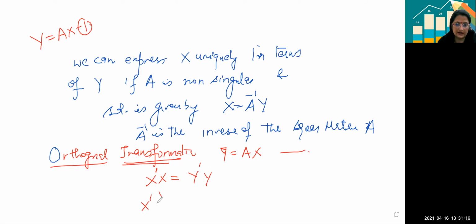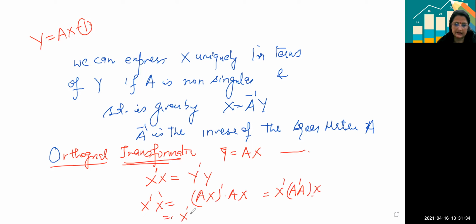So x dash x is equal to, putting the value of y, (Ax) dash into Ax, right? Then we have x dash A dash A x.